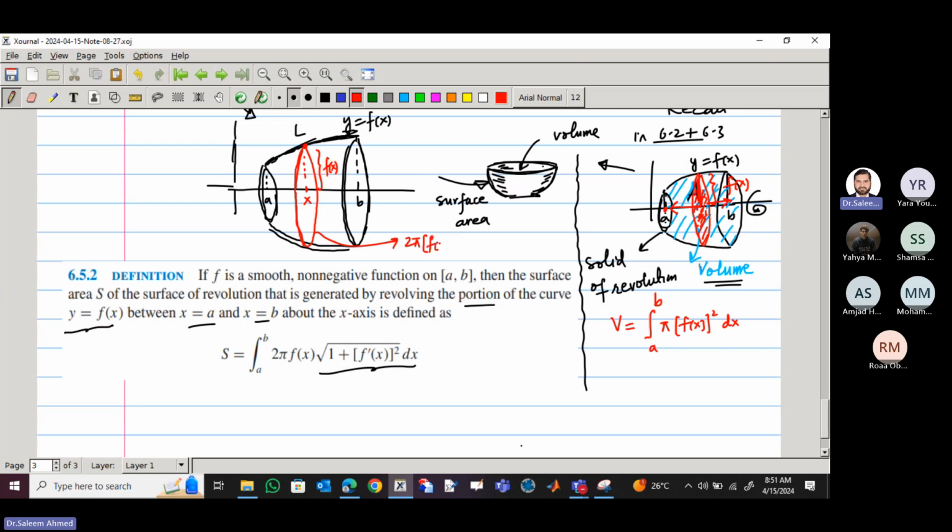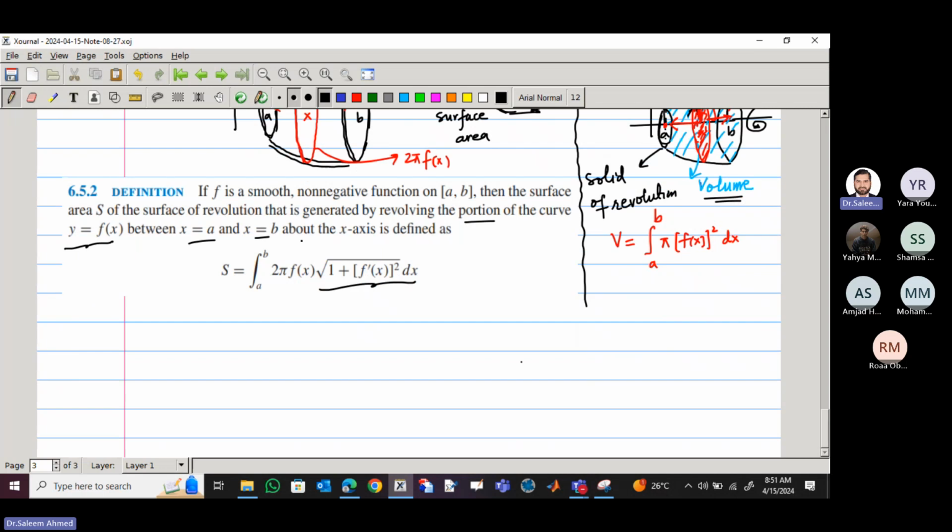So it is 2 pi f(x), and I have to add all these circles from A to B. But when x moves to the left, I am getting these points on the line, and these points are the ds, not dx only. So we are using the length of the curve, and I have to integrate this 2 pi x.